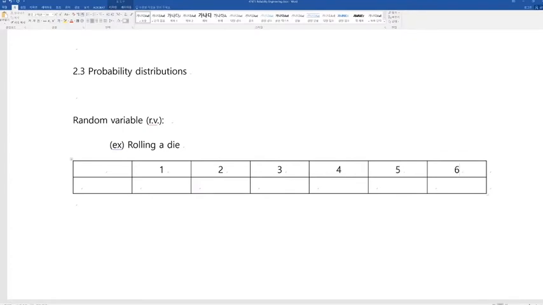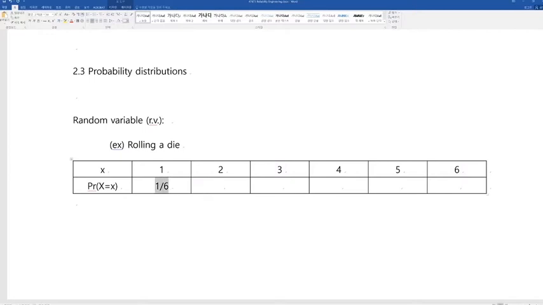And for all 6 outcomes, you have probabilities associated with them. The probability that x becomes small x: the probability of having 1 after rolling a die would be 1 over 6.